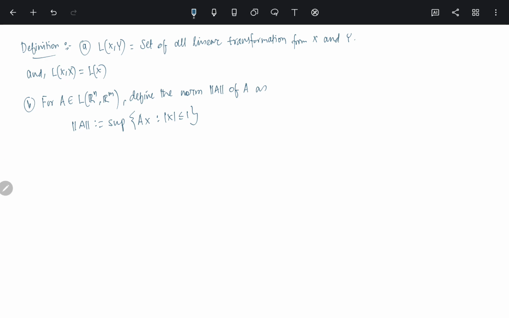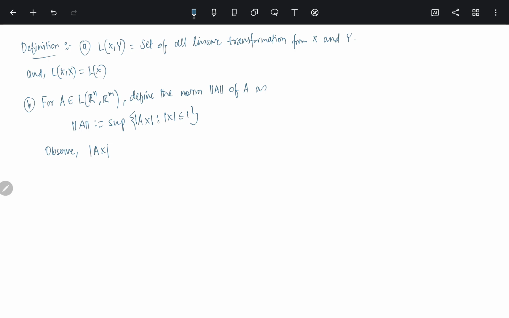Okay, right, and we can also observe, sorry, one thing, I have to put a norm here, otherwise the norm won't be defined. So it is the supremum of the norm of Ax.